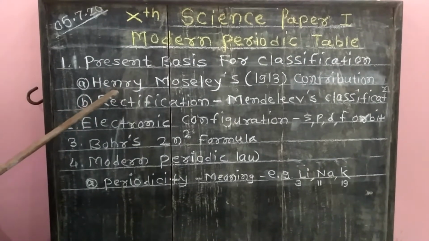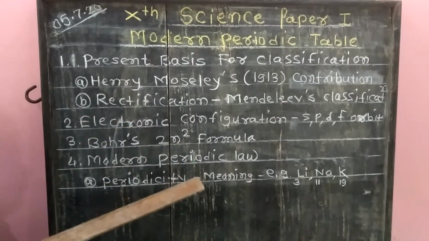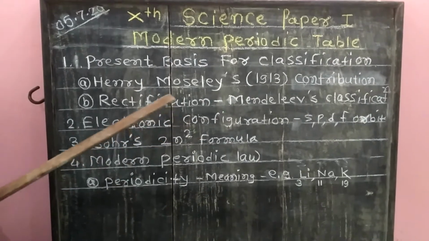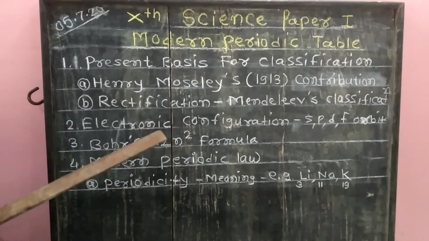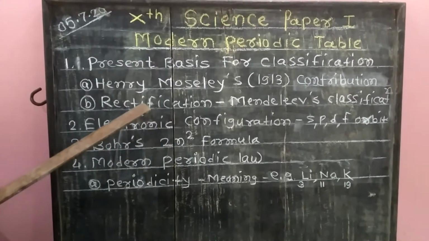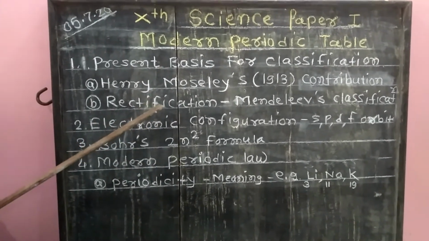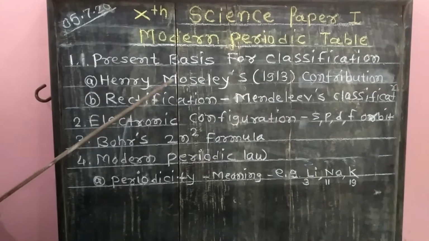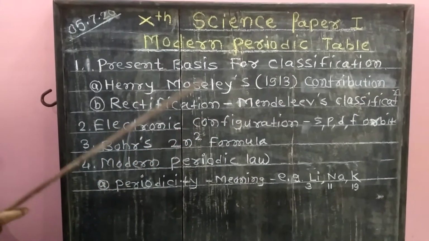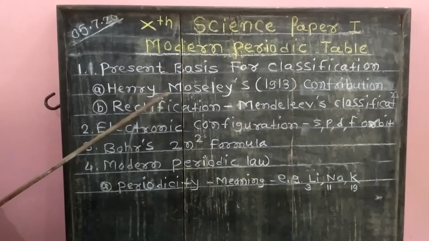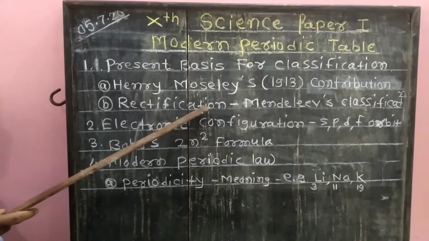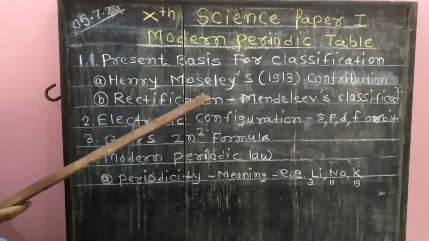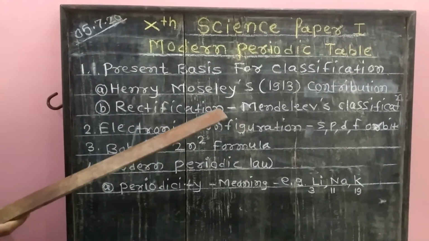Henry Moseley in 1930 gave a great contribution to the modern periodic table. The atomic number is the fundamental property of elements because atomic number determines the electronic configuration, and electronic configuration determines the chemical properties.